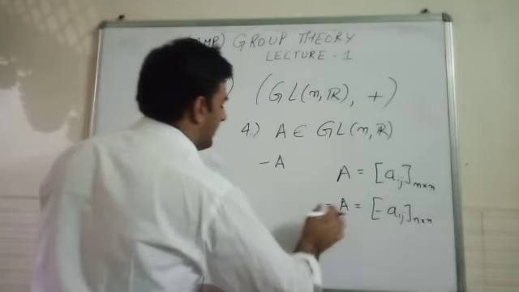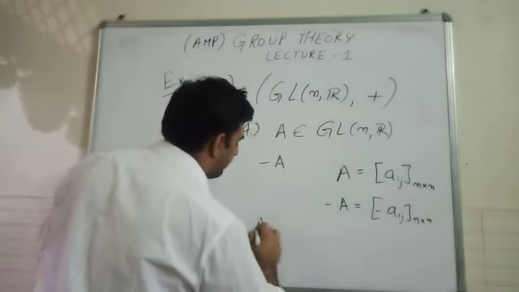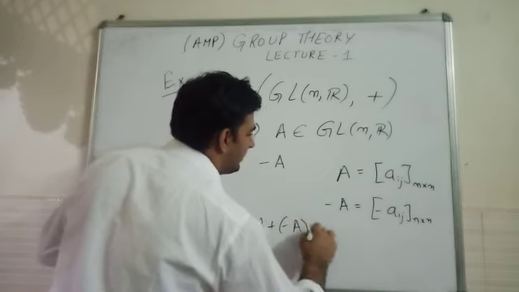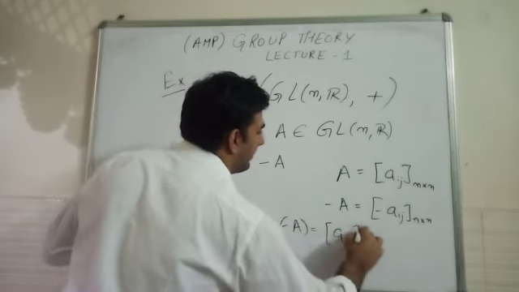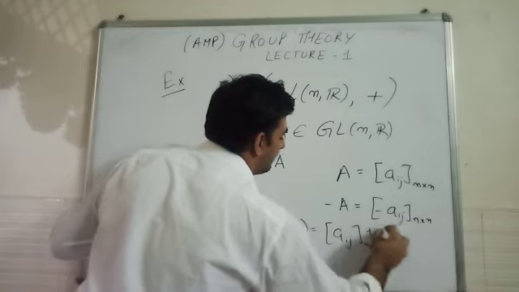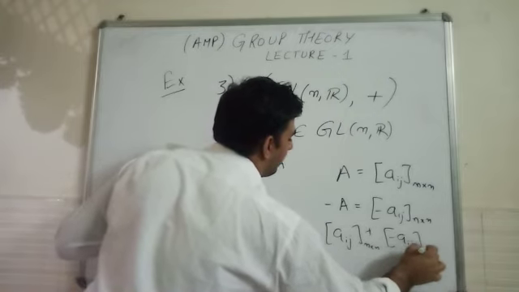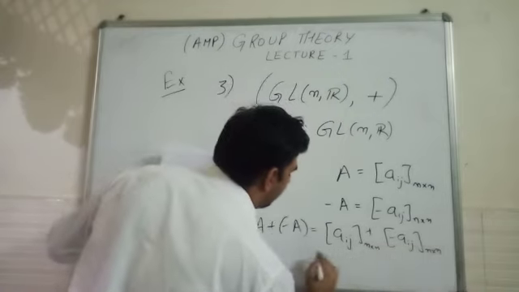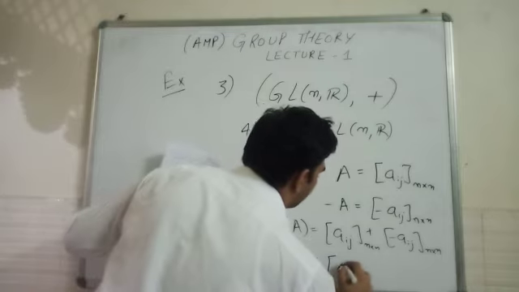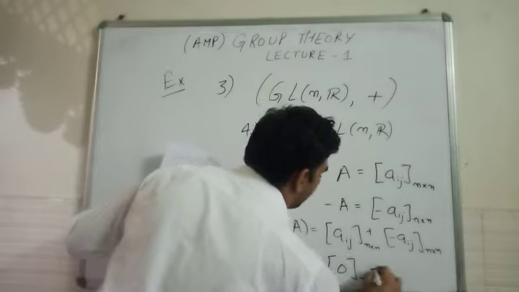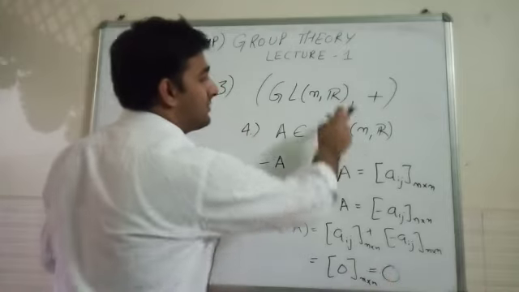So if you add these two matrices, A plus minus A is equal to Aij, n cross n, plus minus Aij. Now you can just add the elements together, so this will be a zero matrix, which is our identity element with respect to the addition.